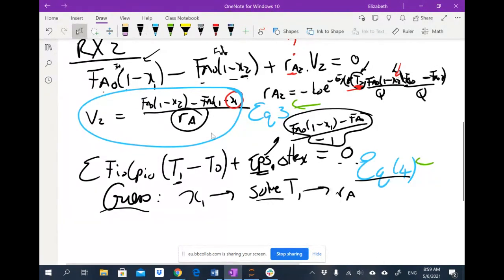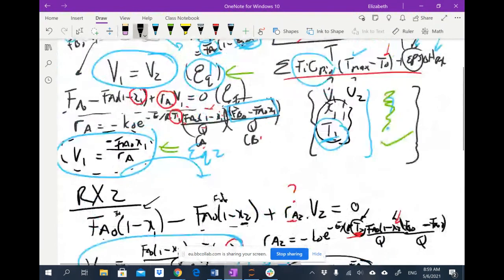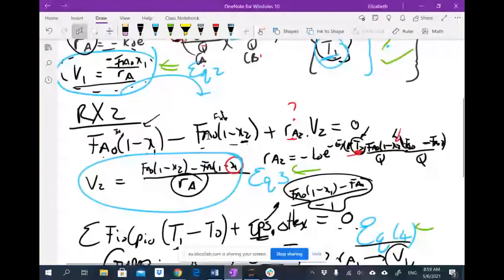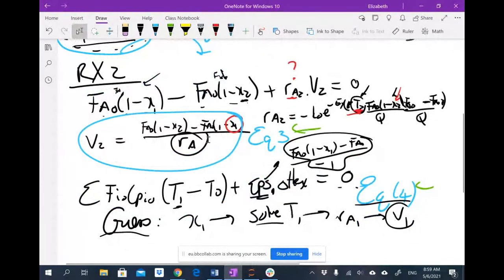Then I can solve the rate in reactor 1, and I can solve the volume of reactor 1. Let's just make sure that I can do that. With x1, I've got the temperature. I needed the temperature to calculate my rate. I can solve the volume from that guessed value for x1, because everything is now known. So now I must see what happens to my other equations. In order to calculate volume 2, the only variable I needed was x1, which is guessed, so I can already calculate volume 2.